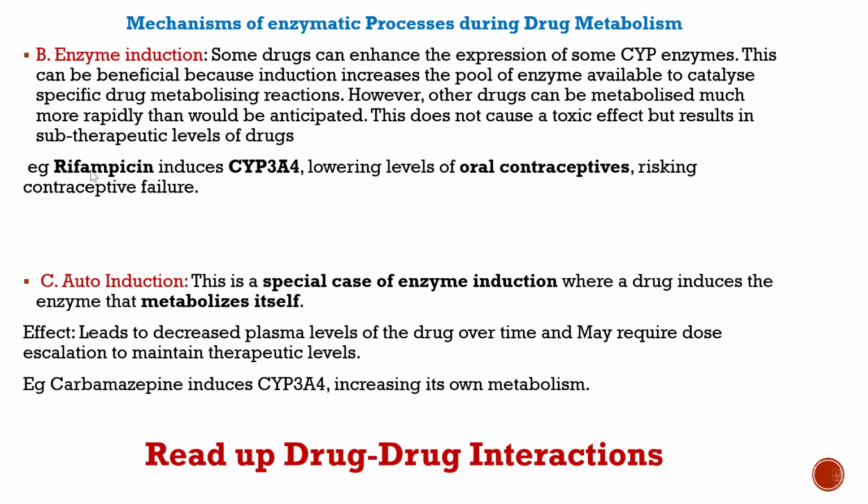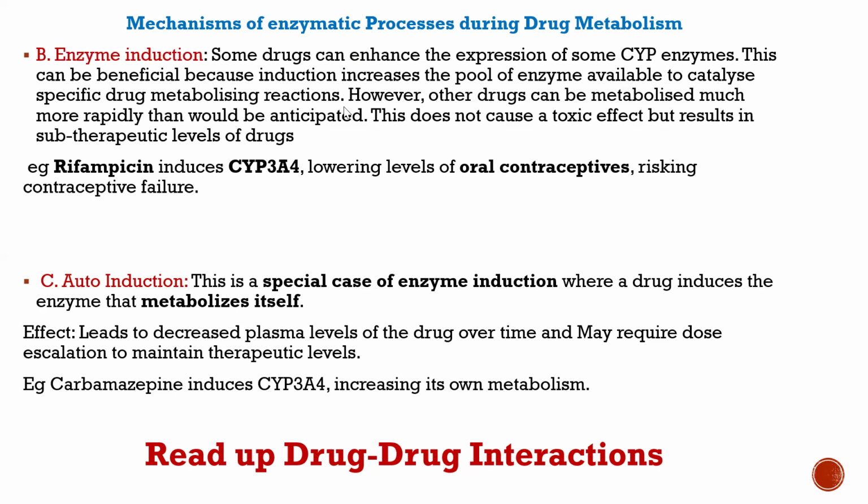For example, rifampicin induces cytochrome P3A4, lowering levels of oral contraceptives, which can risk contraceptive failure. So this enzyme will then metabolize the oral contraceptives when you take them. It can make the contraceptive fail, because they will not be easily available, as they are metabolized by this enzyme.